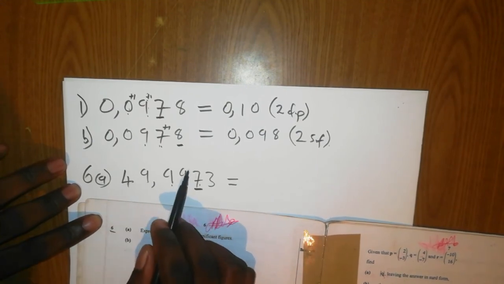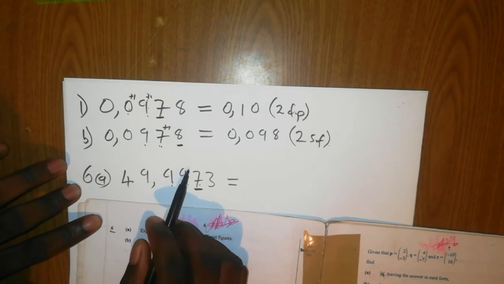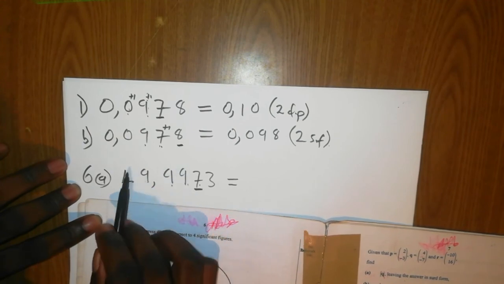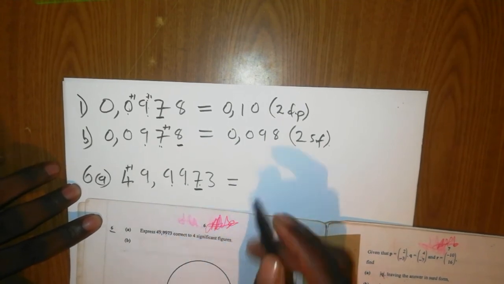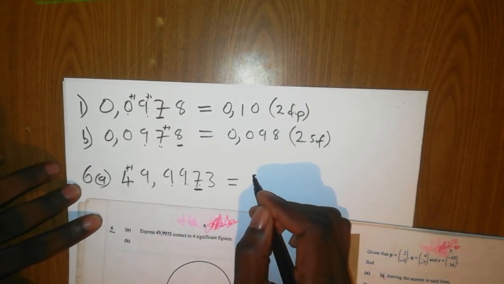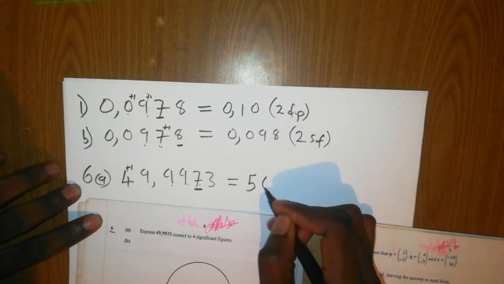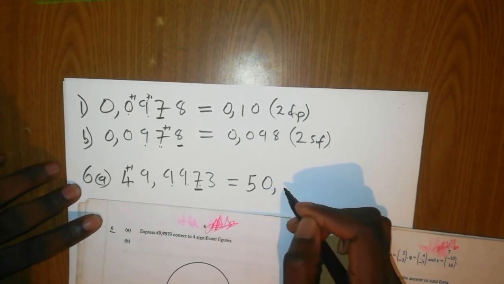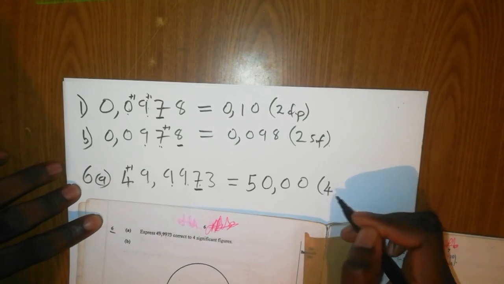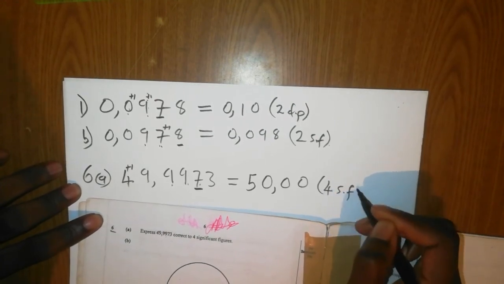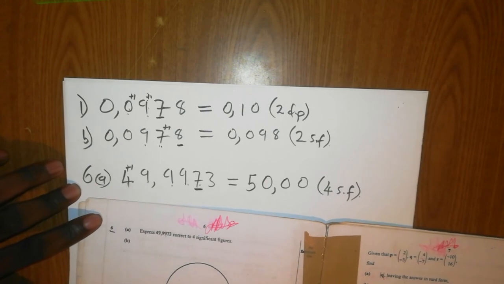If we give it these nines, they are going to convert to 10, 10, 10 up until 2 plus 1 here. It's going to be 5. So we want to obtain 4 numbers, so it's going to be 50.12. This is your answer correct to 4 significant figures. That is our answer.